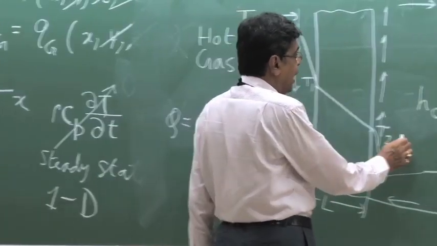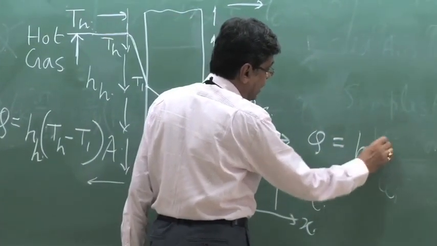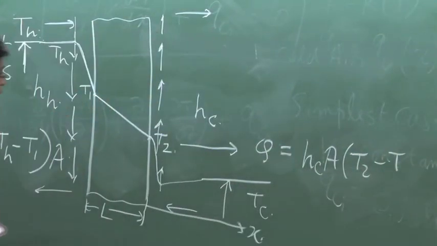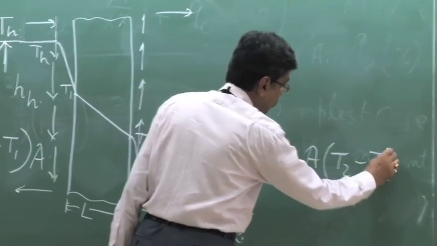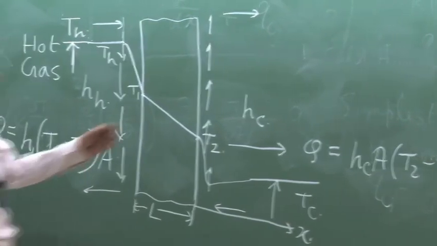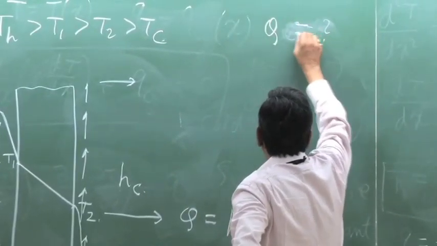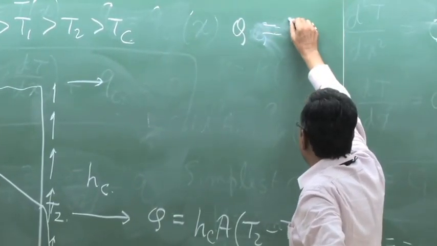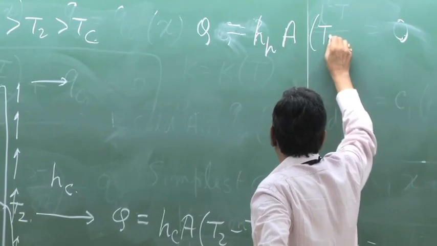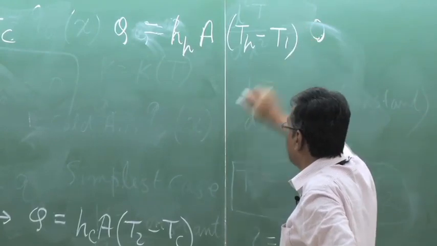Now the heat which is going out from here is, in a similar way, HC into area into T2 minus TC. The same heat. Now if I write this here, we write Q is equal to, now in sequence, HH into the area, which is the same, a plane area not varying, also in the direction of heat flux T1.